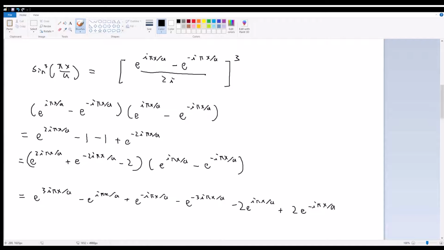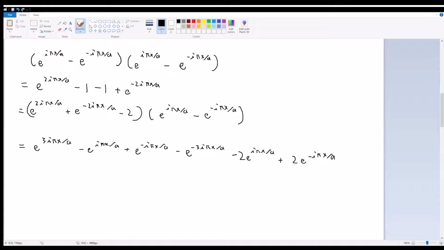Is that correct? Yeah, okay, that's correct. And then 2i cubed is just going to give me negative 8i.